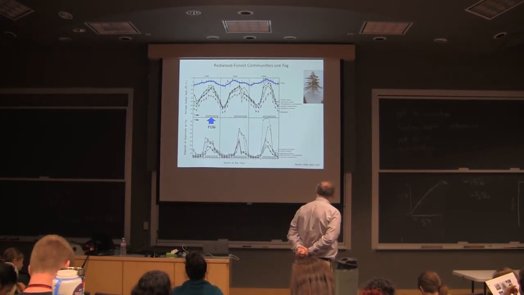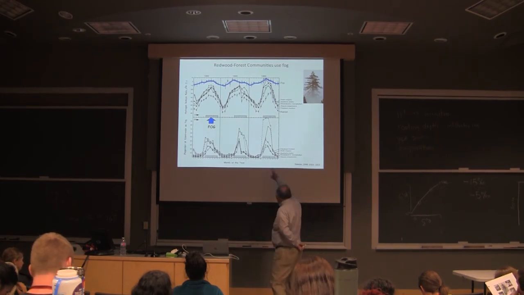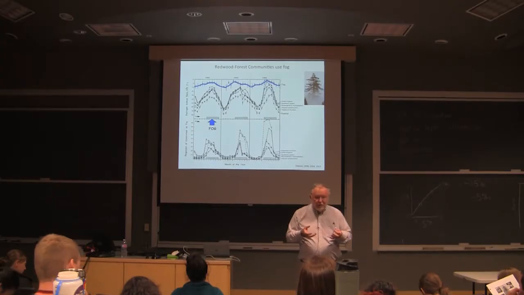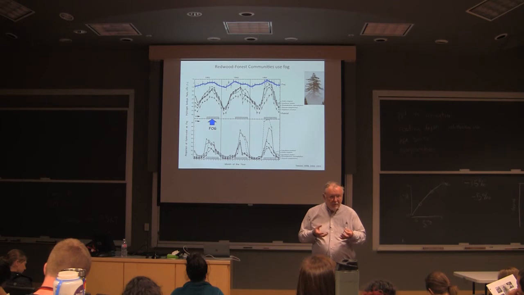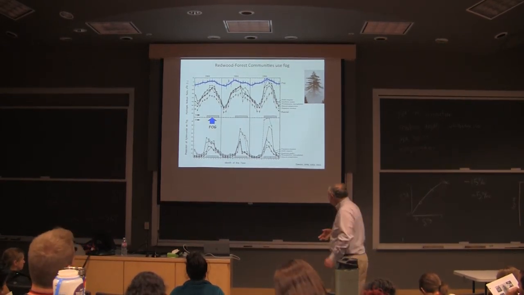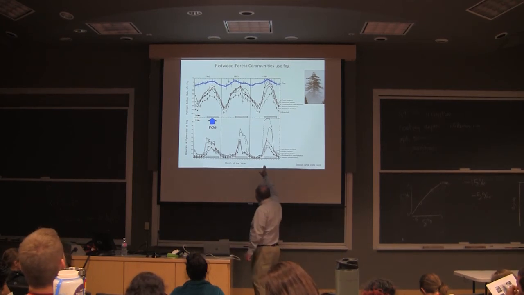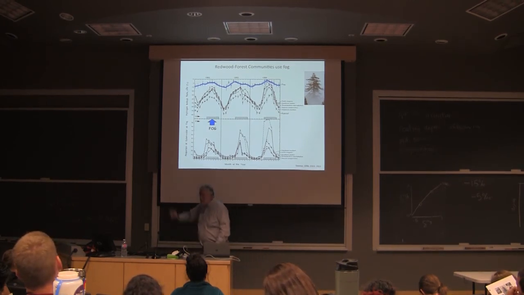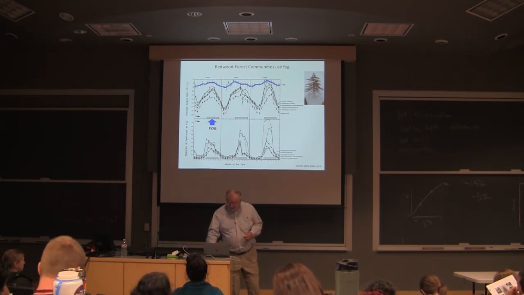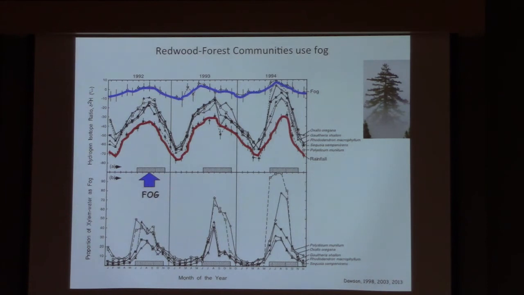And notice that when we have fog periods, the isotopic composition of the source water goes up, begins to approach that of the fog, implying that it might be the source. During the winter months here, where the isotopic composition of precipitation is lower, it looks like the isotopic composition of the plants goes down.